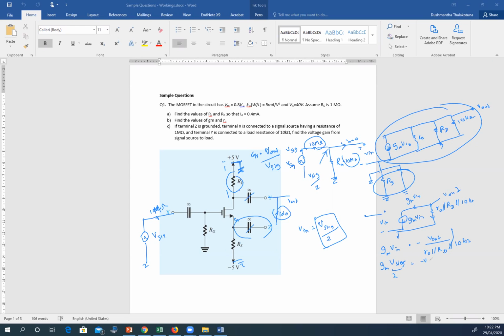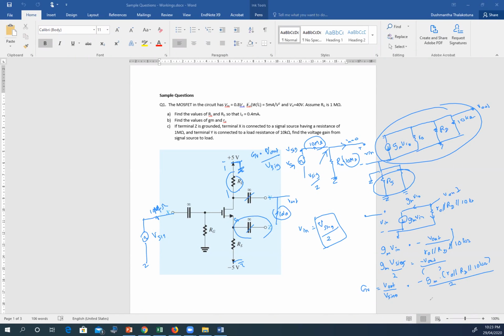If I rearrange this, I get V out over V signal, which is also the gain, equals minus g_m times R_O parallel R_D parallel 10 kilo ohms, divided by 2.